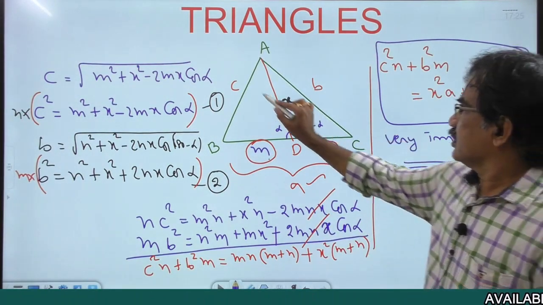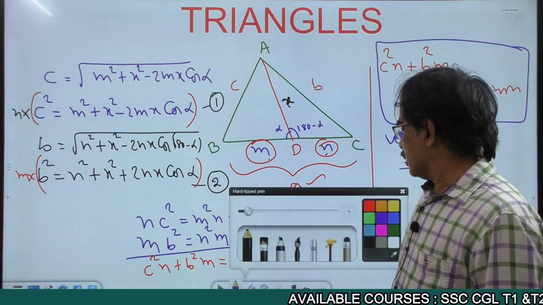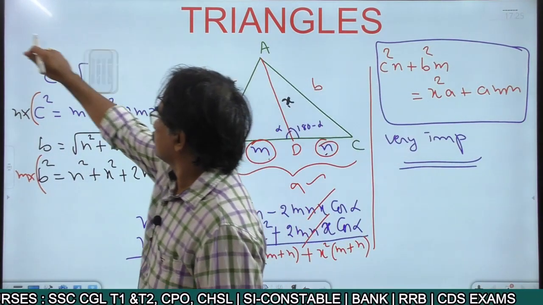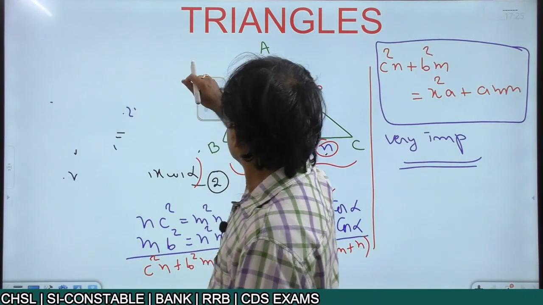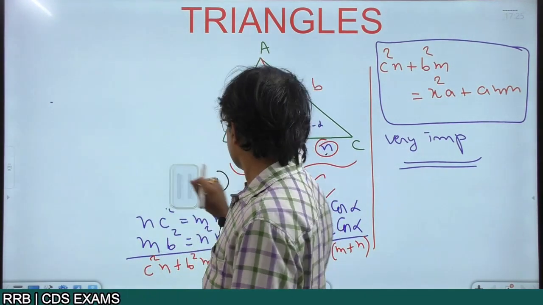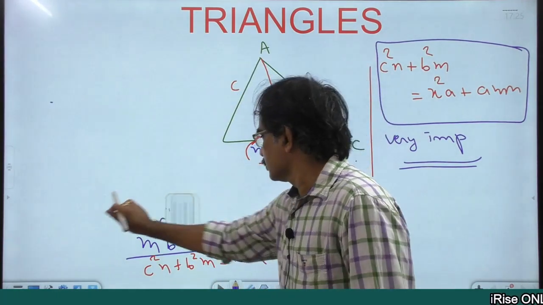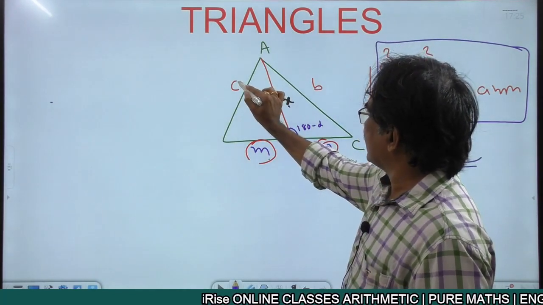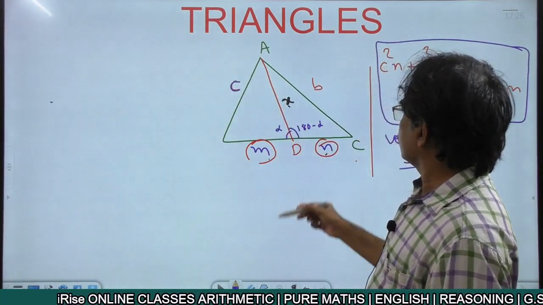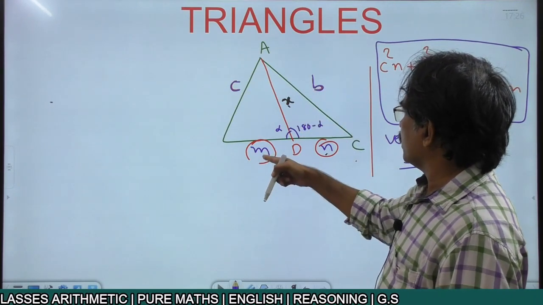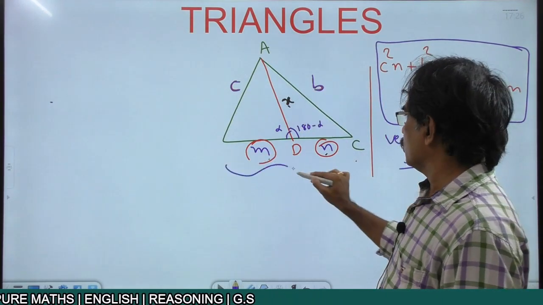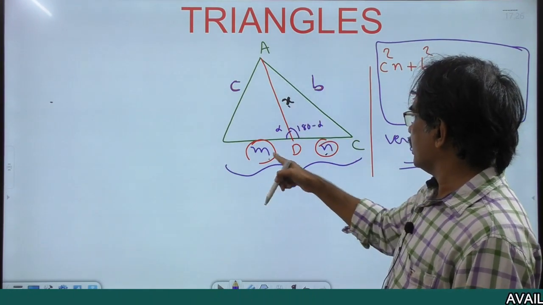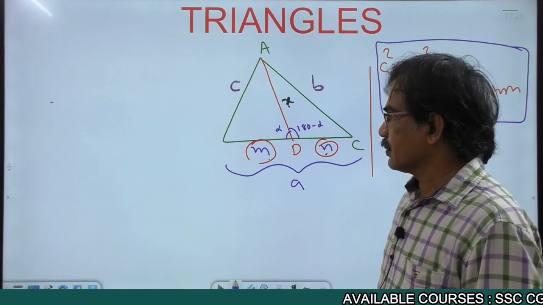Once again I want to give the formula: c square into n plus b square into m is equal to a into x square plus a into m into n.